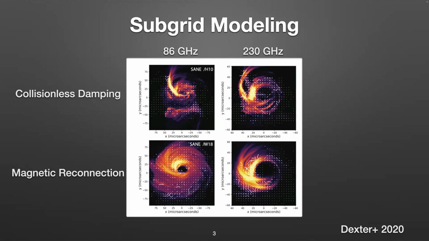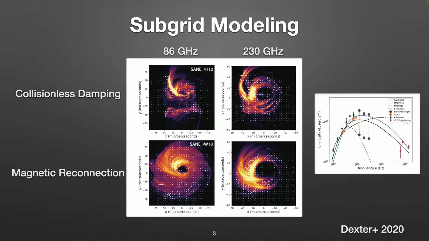Collisionless damping is one potential source of heating and acceleration in these sources, and so is magnetic reconnection. Depending upon what you put in your global simulation, you infer things differently. Not only do the images look different, the spectra also look different. So there have been deep studies comparing how subgrid modeling affects our spectra, and what the potential mechanisms are that might cause heating depending upon both global and local dynamics.